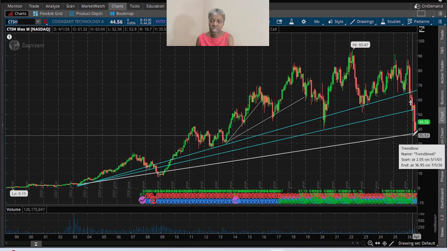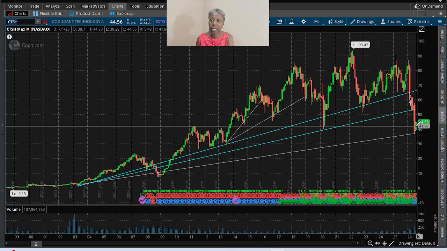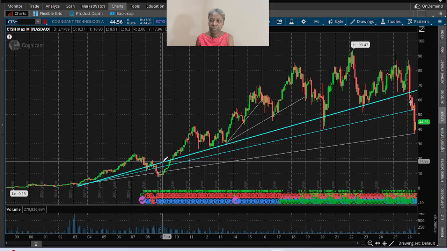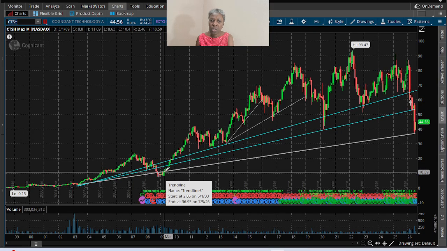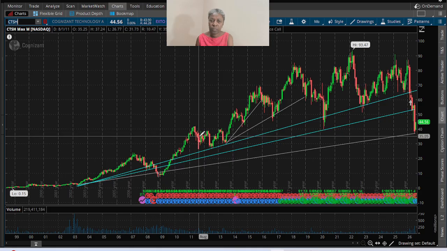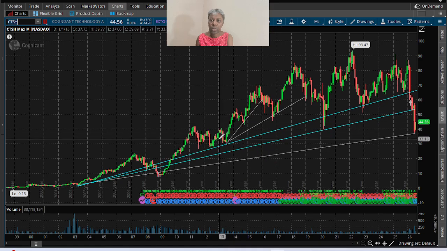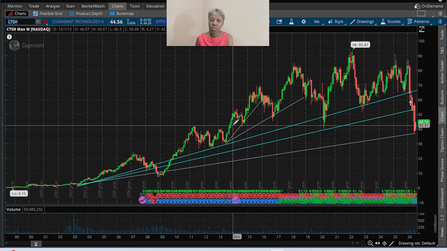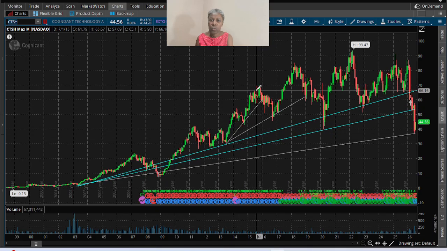It touched this support line and started going up from there. When I'm looking at it, I'm seeing about two years of growth here, and then it pulled back down, stayed down a little bit before it started going up here. And I have about two years of growth here.